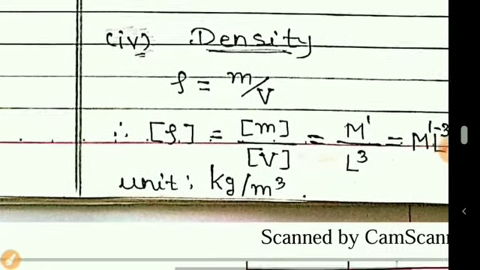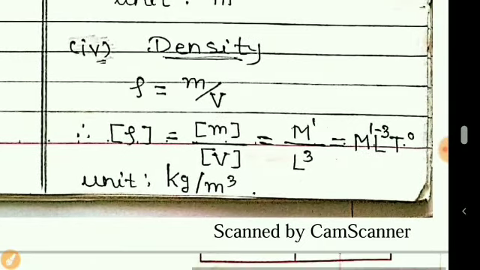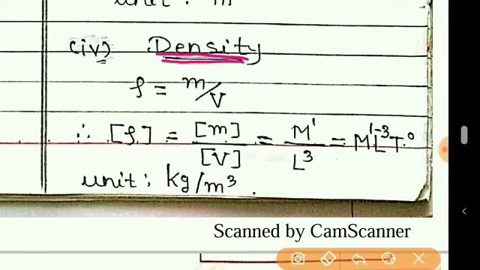Now about density. To obtain the dimensional formula of density, we will choose its simple formula. According to definition, density is mass upon volume.